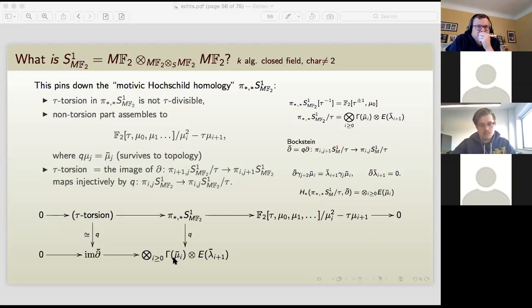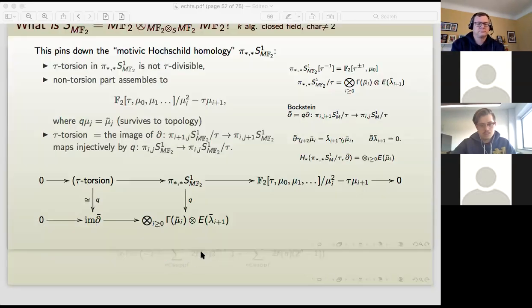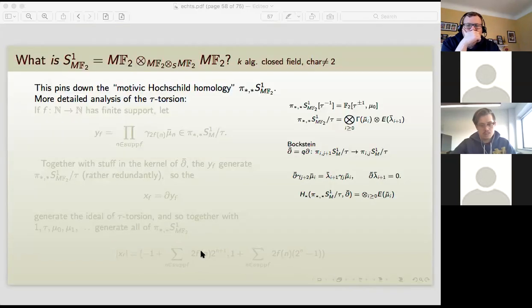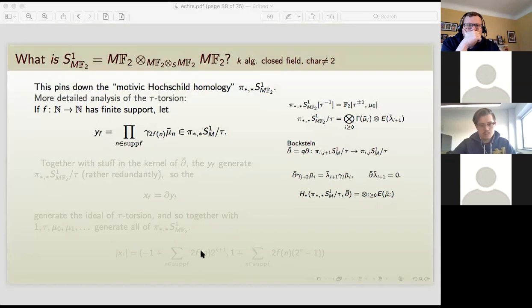So what can we say about the tau torsion? Of course we know it's a submodule of this horrible thing down there, but it's not that horrible. Okay, so here goes. I'm trying to explain to you what this tau torsion looks like. And I'm going to use one small device, and this is the only combinatorics that I'm ever going to need.